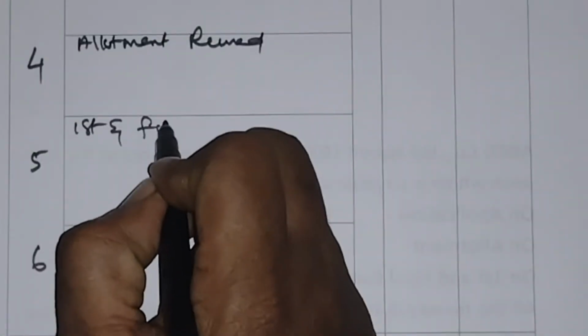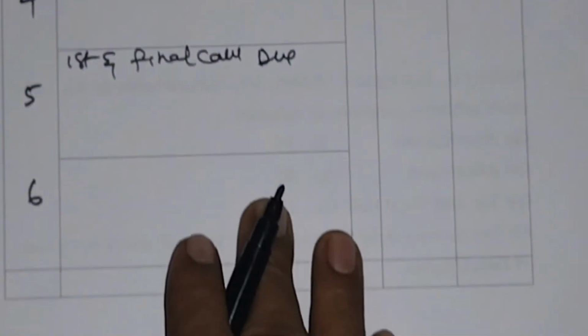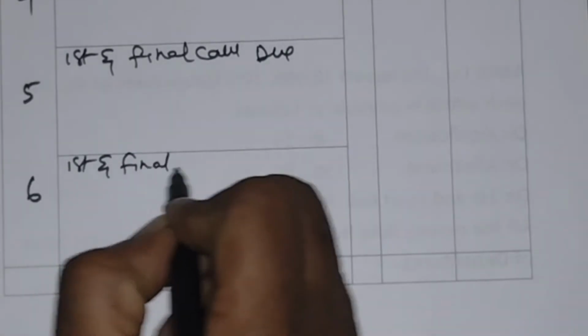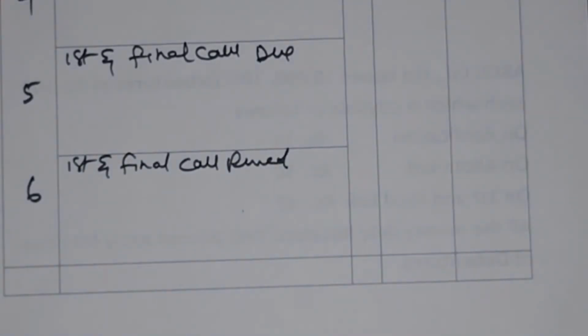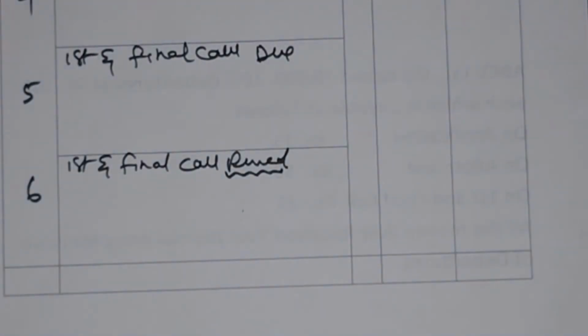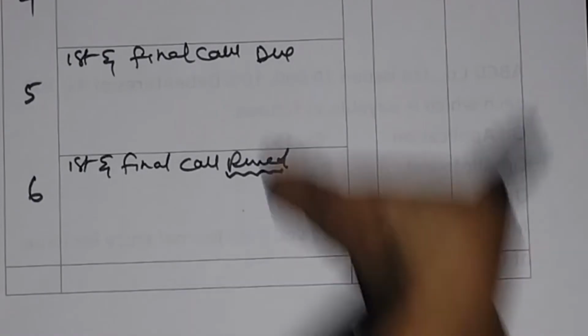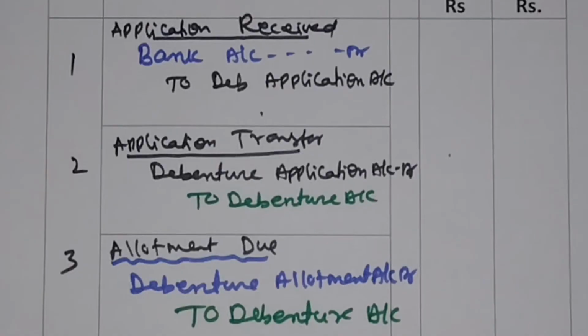The fifth one is first and final call due, and the sixth one is first and final call received. So you know that I already informed that for received entries, it starts with bank account debit and the heading will appear in the second line. Now you have to fill it up based on the previous idea I gave.